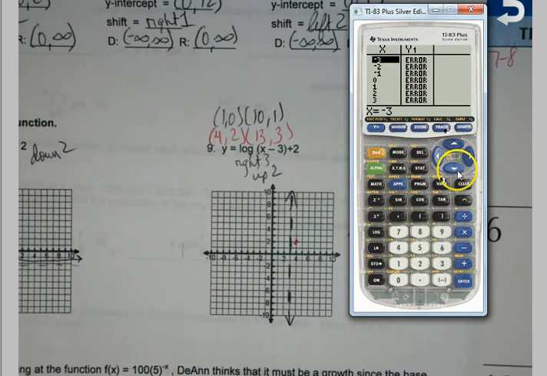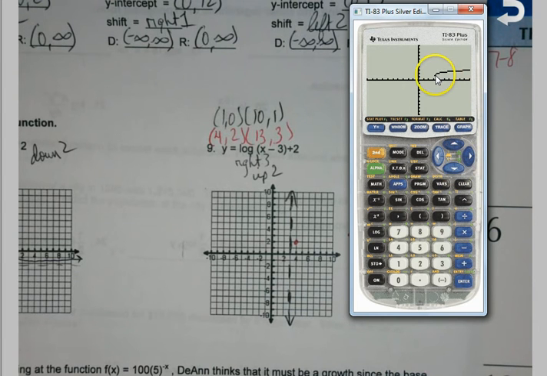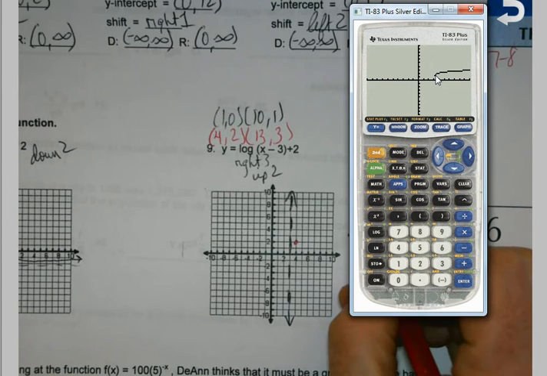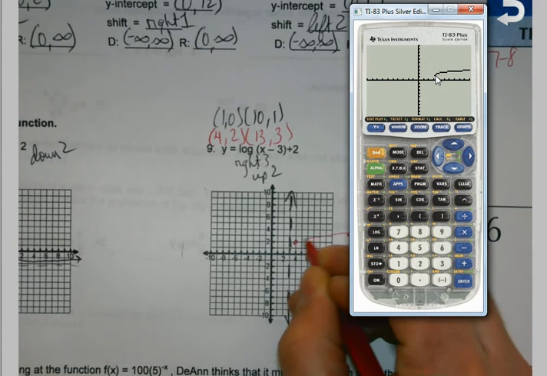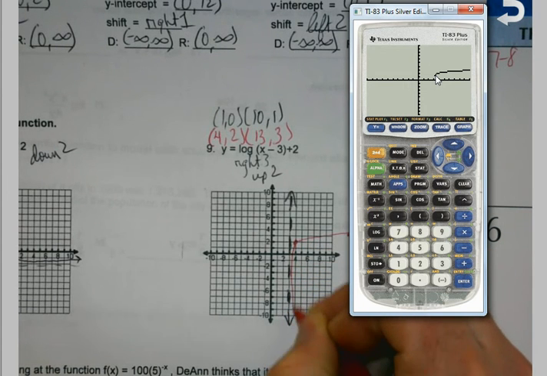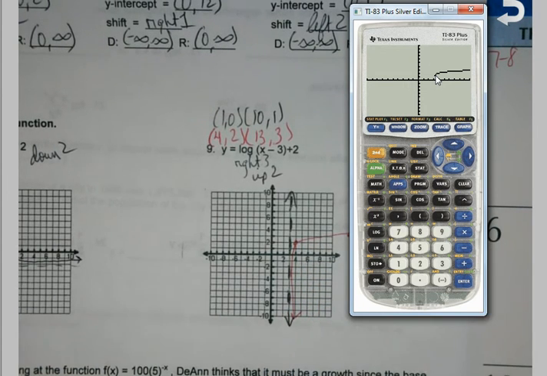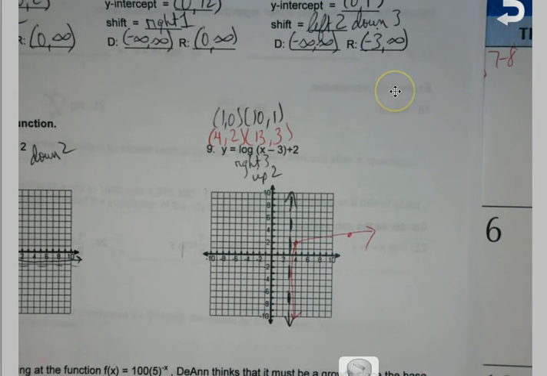But remember, my graph does not stop here. If you put a dot, I'm marking it wrong. Because we've spoken before about how it just gets so close to the asymptote that we can't see it. That line is going to continue. That curve is going to continue. That's why we don't just copy.